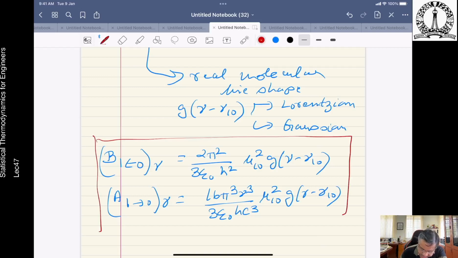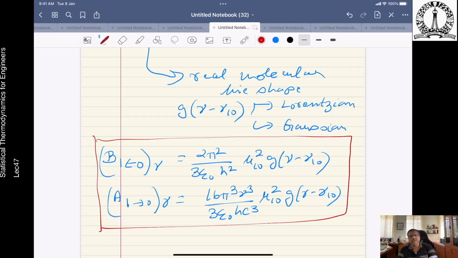So these were the two expressions that you get, in which these are the actual absorption coefficients and the emission coefficients. So basically, if you integrate it across all frequencies, you will get just the coefficient B. Okay, so this has the dimension of second inverse.